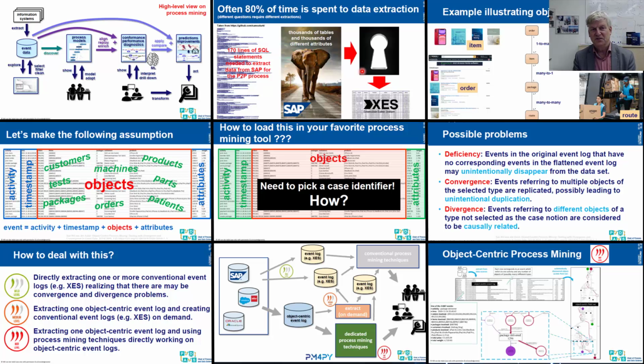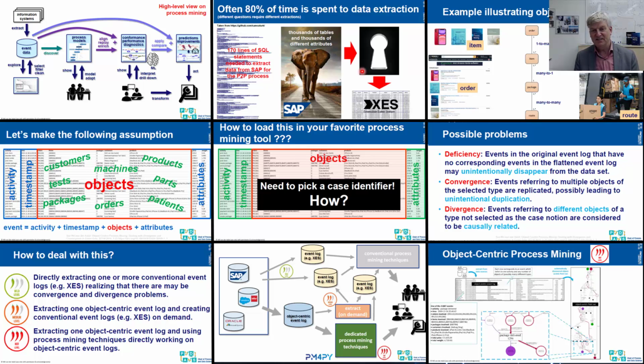To conclude, in my talk, I started by explaining what classical process mining is. I explained that in reality, it's often very painful to go from a complicated information system with thousands of tables to a simple event log ready to apply process mining. Therefore, I introduced this notion of an object-centric event log.